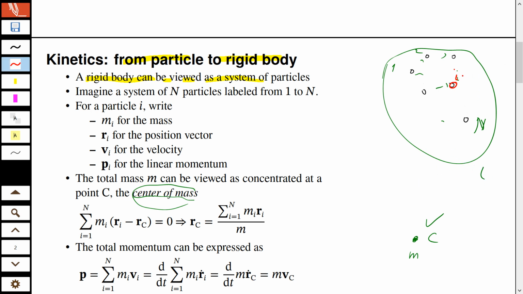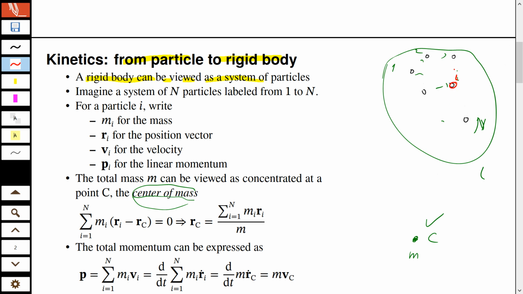So I can say the net external force on particle i. I think in this slide we don't need to consider the forces. There is something we discuss in the next slide. So here we simply develop some terminology.